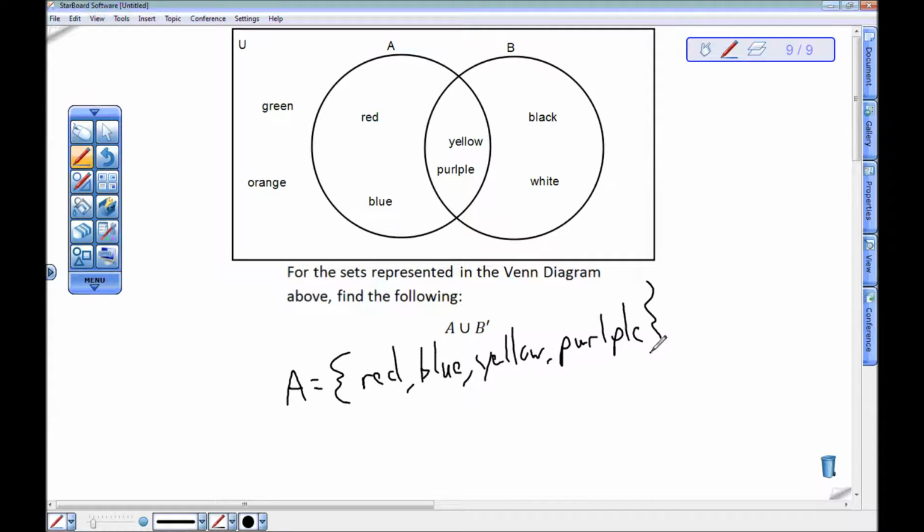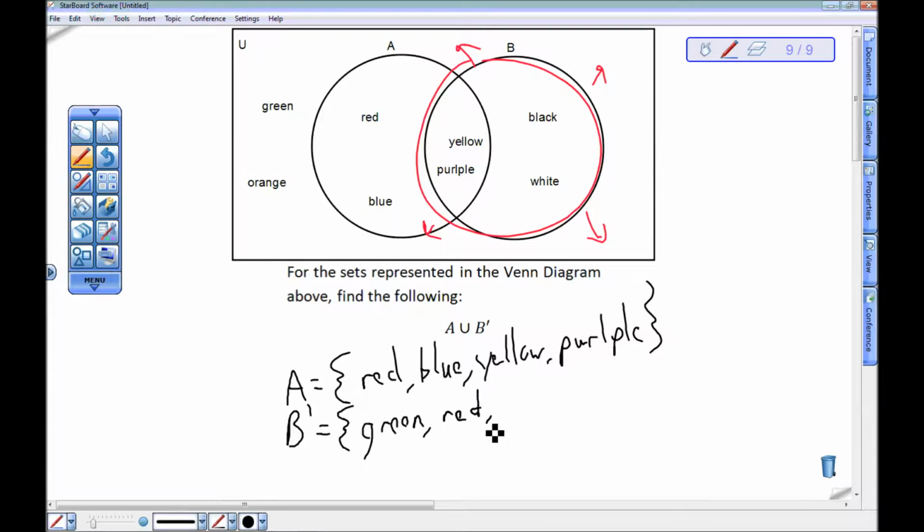Now I want to look at what's in B complement. Recall B complement is everyone outside of B. So here, that will be green, red, orange, and blue.